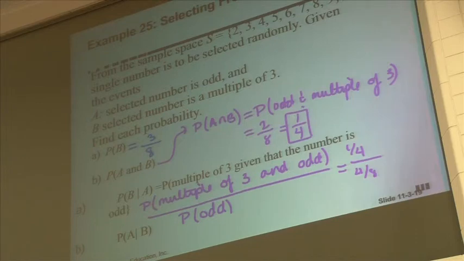Putting that into your calculator, you should get 1 out of 2. So remember, put those fractions in parentheses. Parentheses, 1 divided by 4, close parentheses, divided by, parentheses, 4 divided by 8, close parentheses. You should get 1 out of 2.